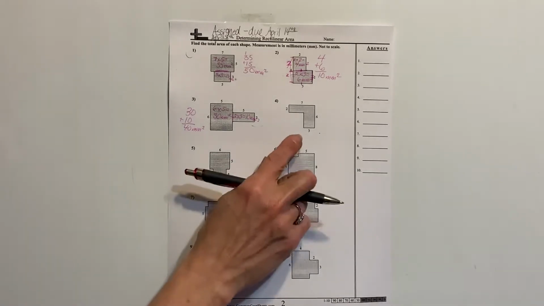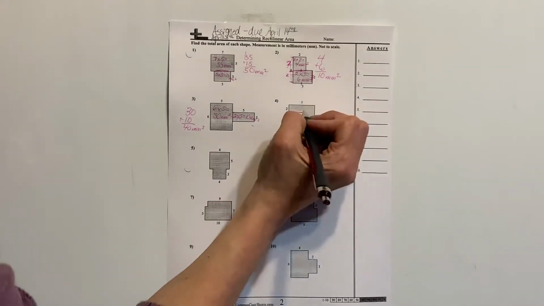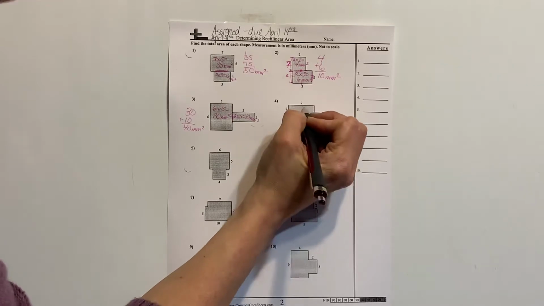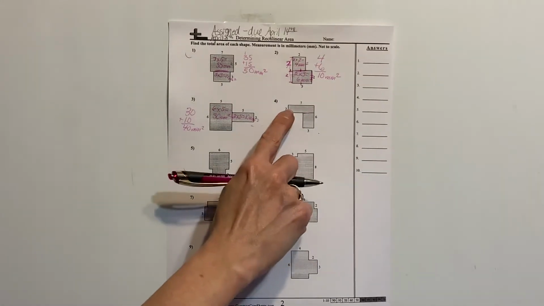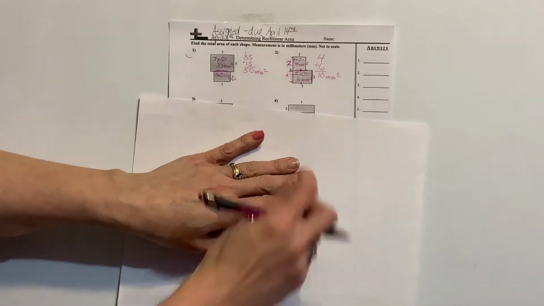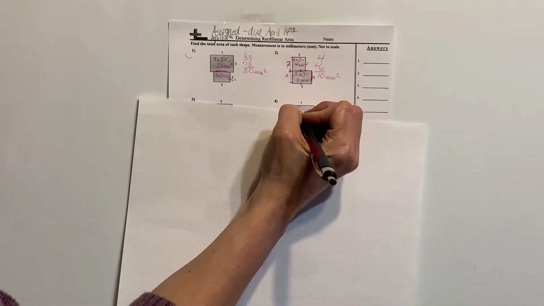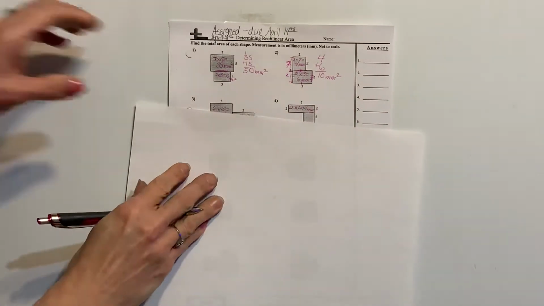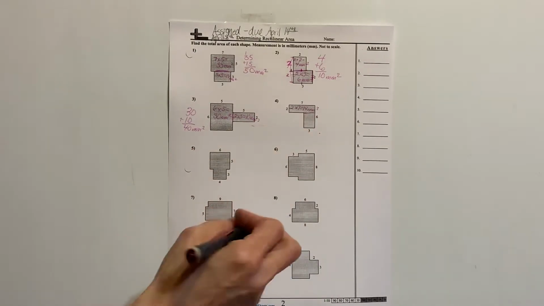All right, now with this one, again, I'm going to have to draw my line, find my 2 rectangles. All right, this first rectangle, the top one, if I cover this up, the top one is length of 2, width of 7, equals 14 millimeters squared. But then, when I look at this one, it's broken up.